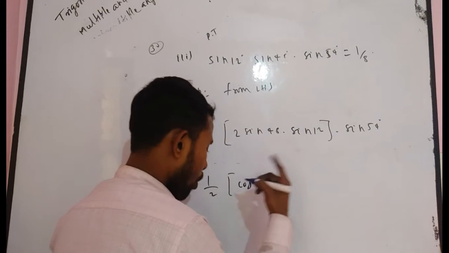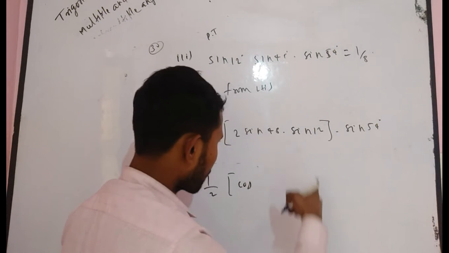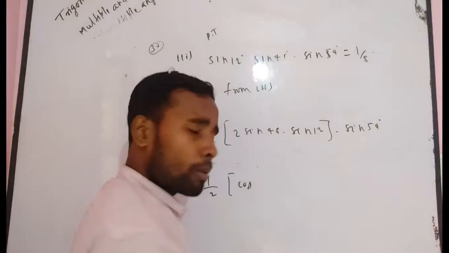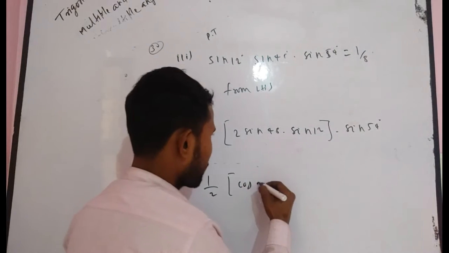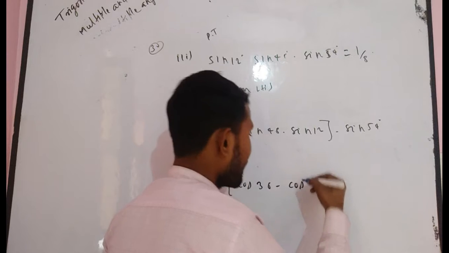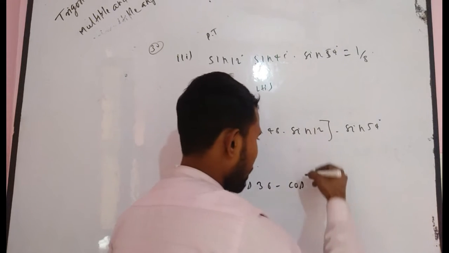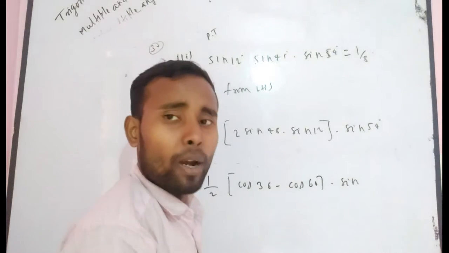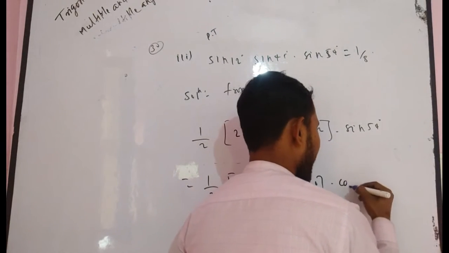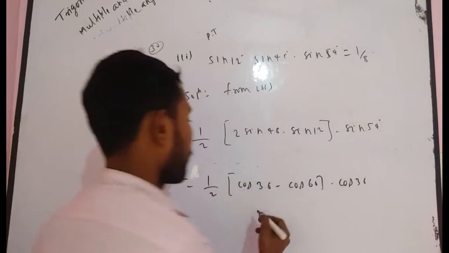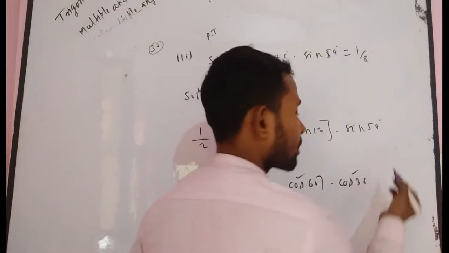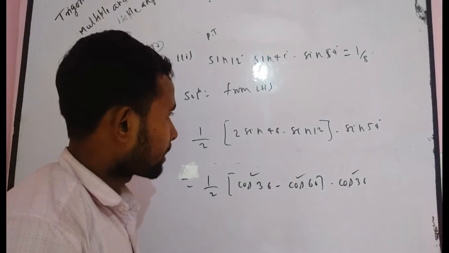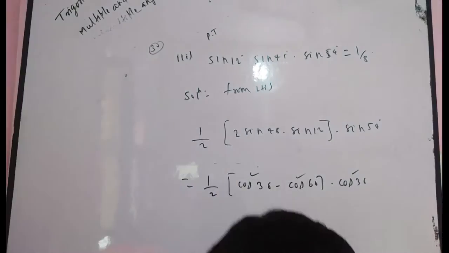The formula will be cos(A minus B) minus cos(A plus B). Here 48 minus 12 will be 36, so it will be cos 36 minus cos(48 plus 12), that means cos 60, into sin 54. Sin 54 will be cos 36. So you can write cos 36. Now you have to find the value of cos 36 and cos 60. After it you get 1 upon 8 simply. Now I think you understand the logic behind the question.